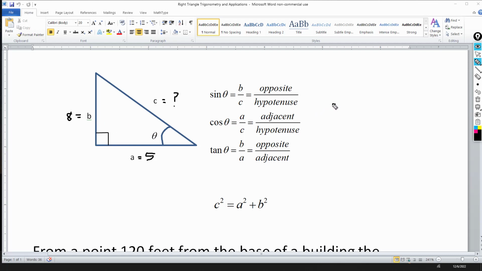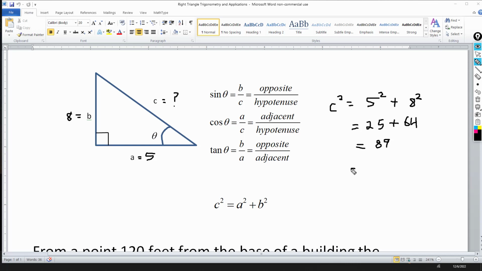So in this case, we would say C squared is equal to 5 squared plus 8 squared. So 5 squared is 25, and 8 squared is 64. We'll add these up, we get 89. C squared is 89.